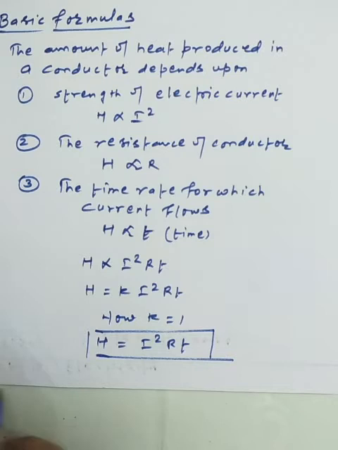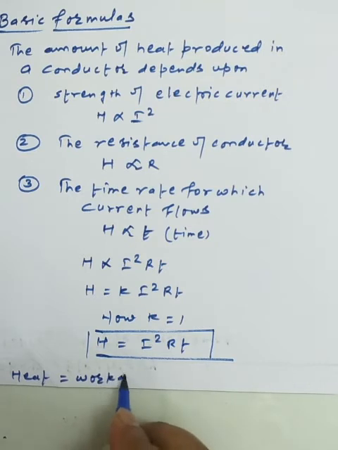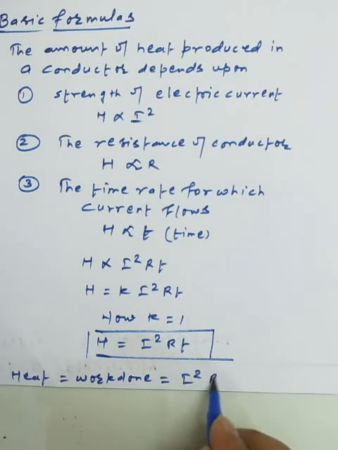So I can associate several things here: heat is equal to work done, that is equal to I square RT. So this is the general formula we have.